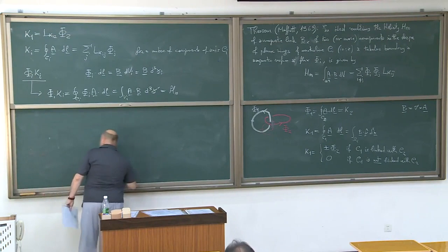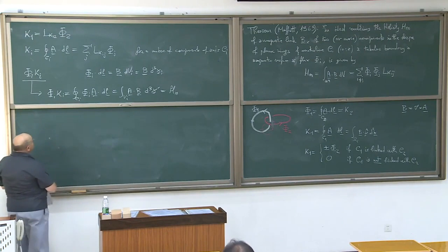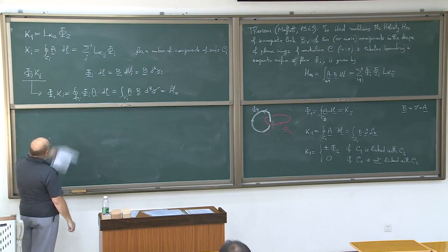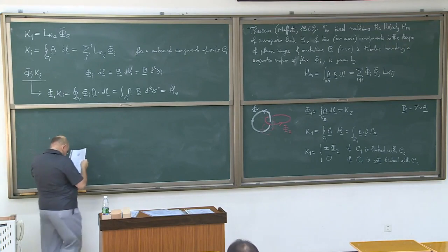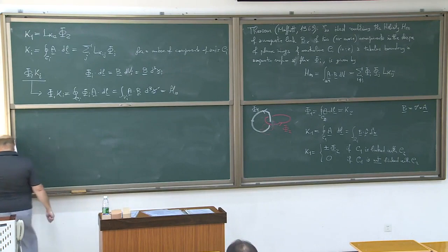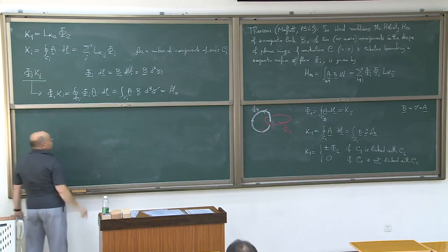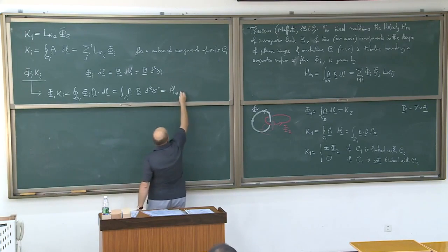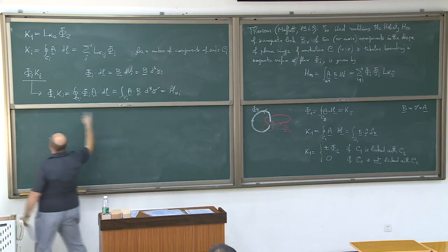And now we want to find out something about this number that appeared over there. Now, first of all, let me sum over all the tubes. So I should have said here that I is a single contribution.